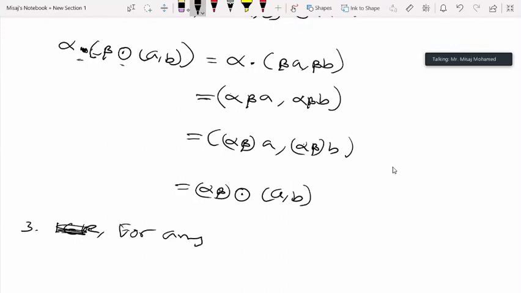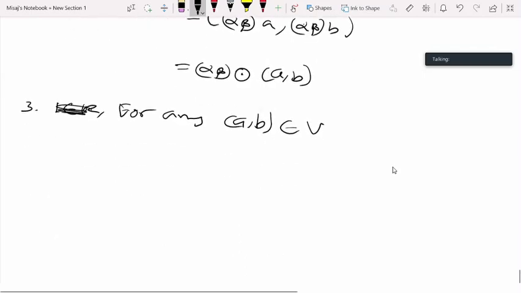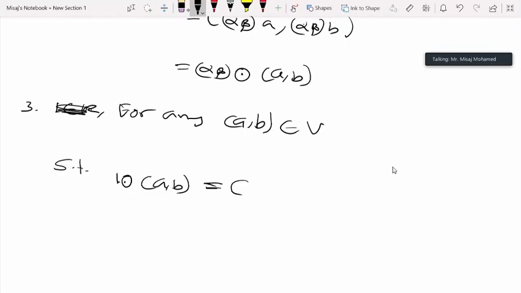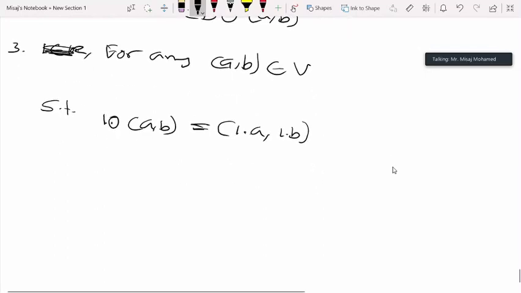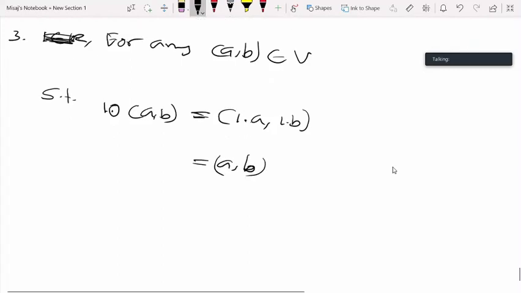For any (A, B) in V, such that one scalar multiplication into (A, B) is equal to (1 times A, 1 times B), which is (A, B).